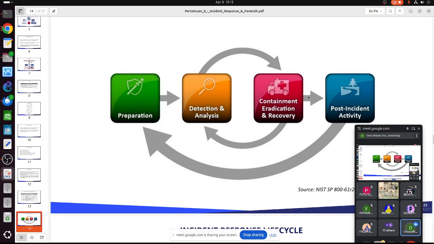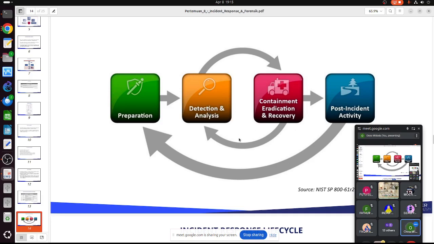So in this kind of curve, it means that in the process, we have to learn from what happened, and we have to plan again. We have to replan, we have to reinstall the system to make sure we can detect and analyze properly for newer threats.